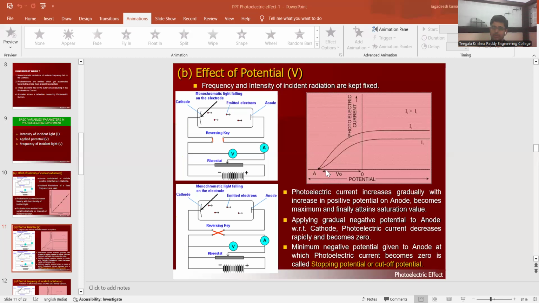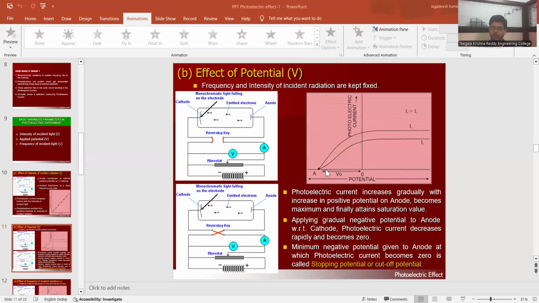At that particular potential the current is zero. The experiment is repeated with intensity increasing 1, 2, 3, 4, but when we apply the negative potential, the current decreases sharply at a particular potential.